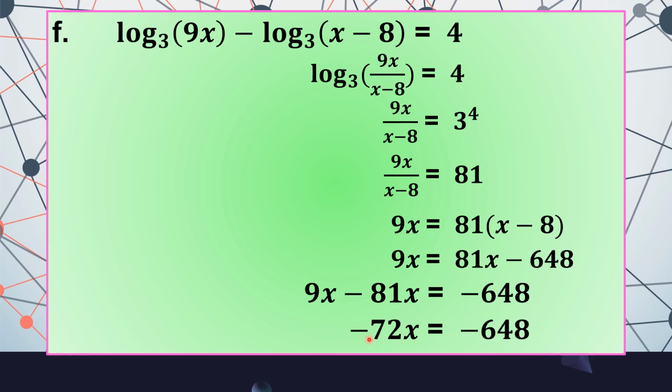To get rid of negative 72, so that only x remains, we divide both sides by negative 72. So, negative 72 divided by negative 72 is equal to x. Then, negative 648 divided by negative 72 is equal to 9. Thus, the value of our x is equal to positive 9.